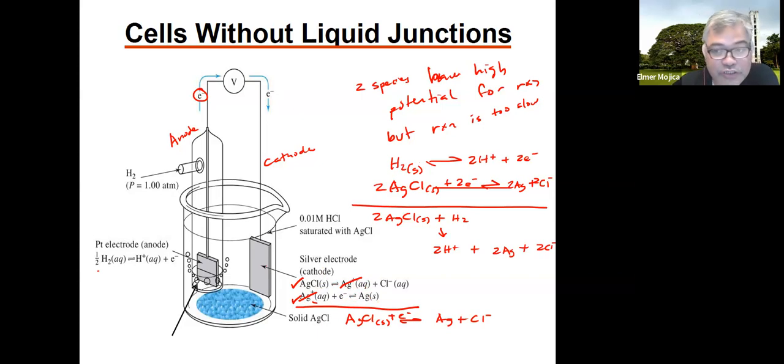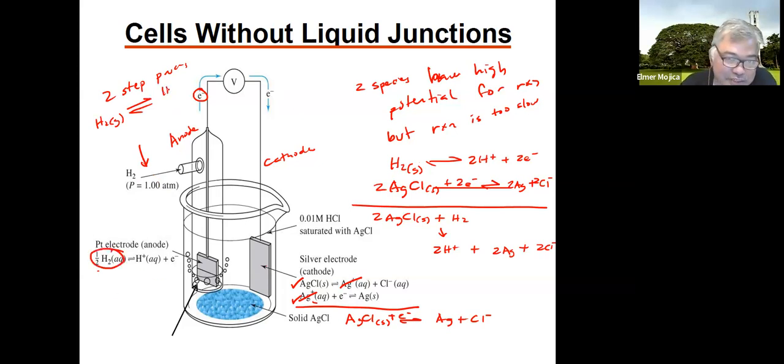Now, you can also say that this can also be a two-step process. How does it happen into a two-step process? So maybe your H2, that is gas, you're going to form what? What do you see here?